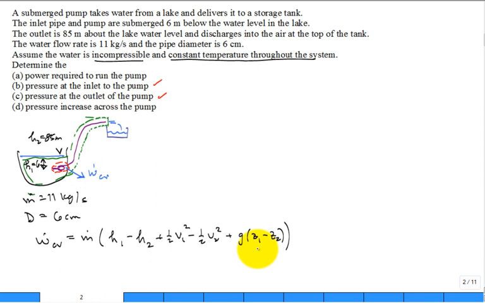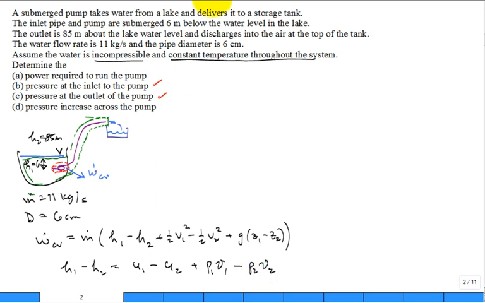All right, let's talk a little bit about this H1 minus H2. Is that U1 minus U2 plus P1 V1 minus P2 V2? Where exactly is state 1? The water level at a lake. Where is exactly state 2? Discharge at the end of the pipe high above the tank.